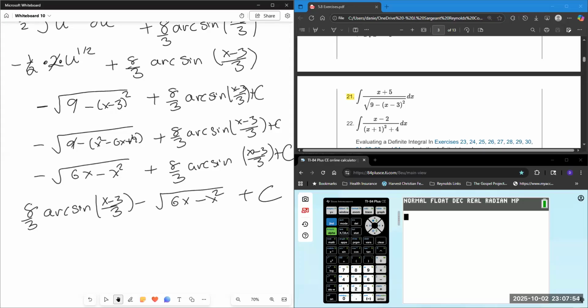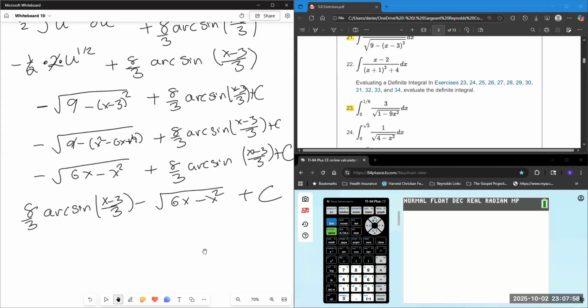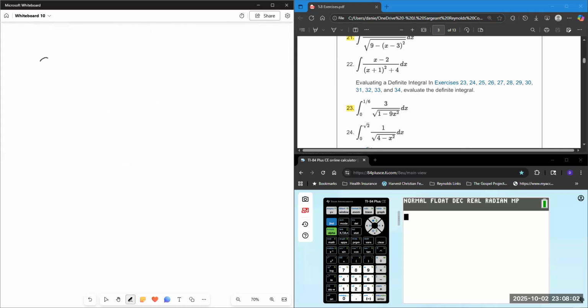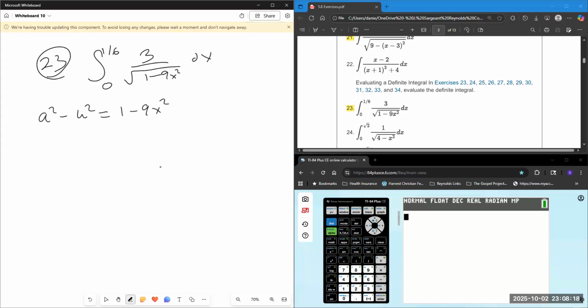Now let's look at number 23. Moving on to definite integrals now. 23 is the definite integral from 0 to 1/6 of 3 over root of 1 minus 9x squared dx. My a squared minus u squared is 1 minus 9x squared.